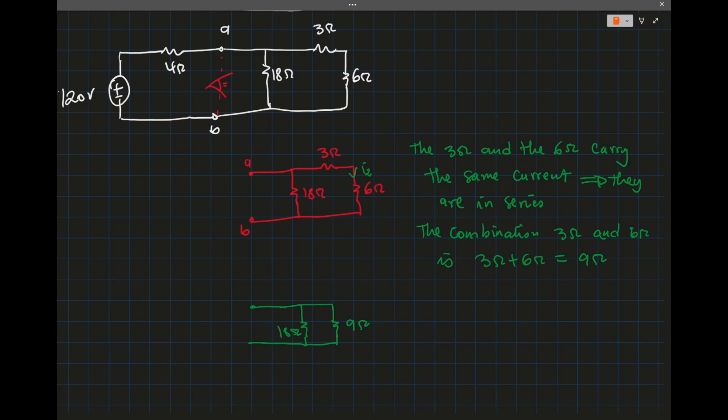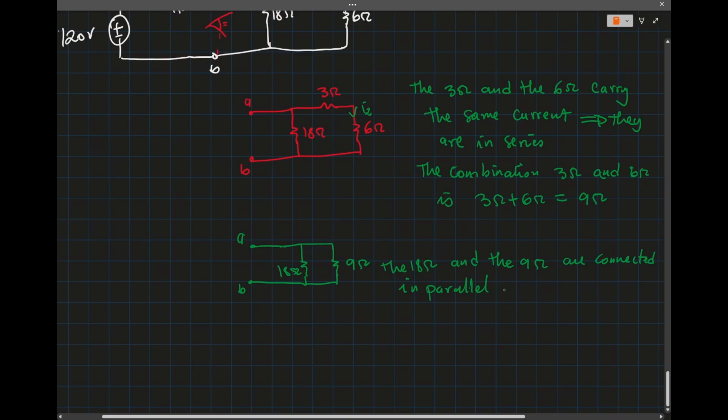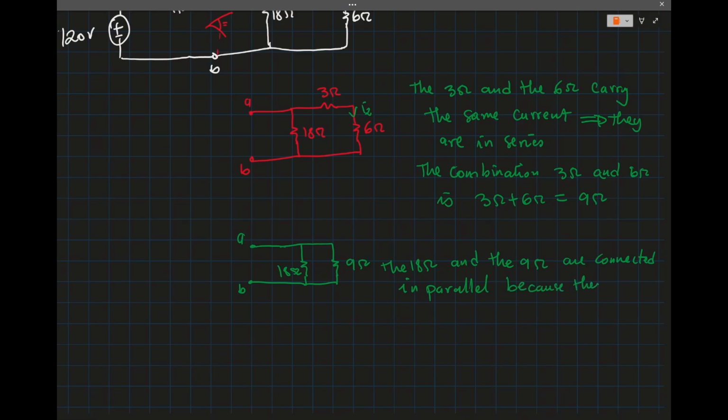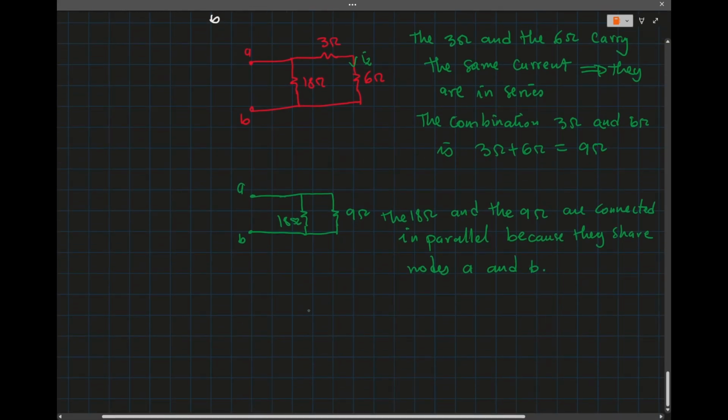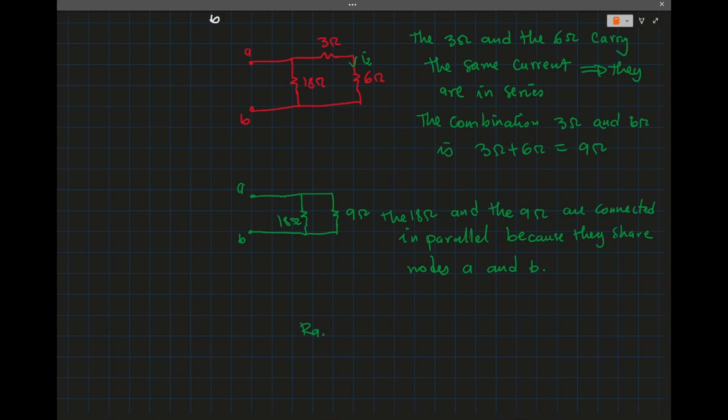Okay, so now that's A and B. So as you can see, the 18 ohm and the 9 ohm are connected in parallel, right, because they share the nodes A and B. Okay, so to find that parallel, I'll call it RAB.